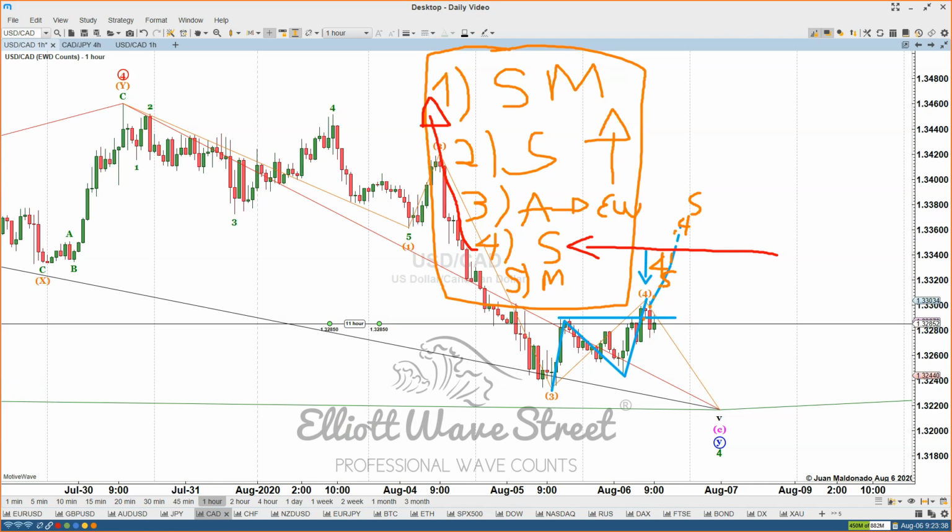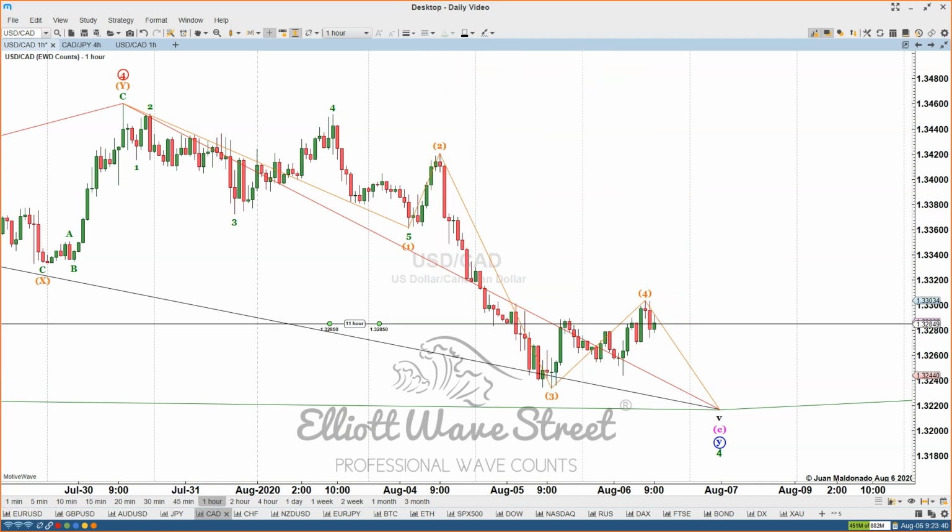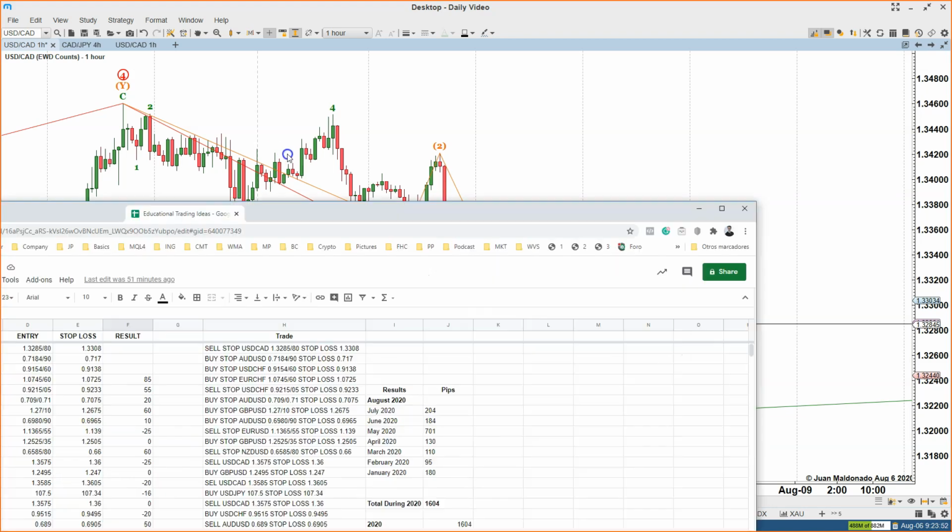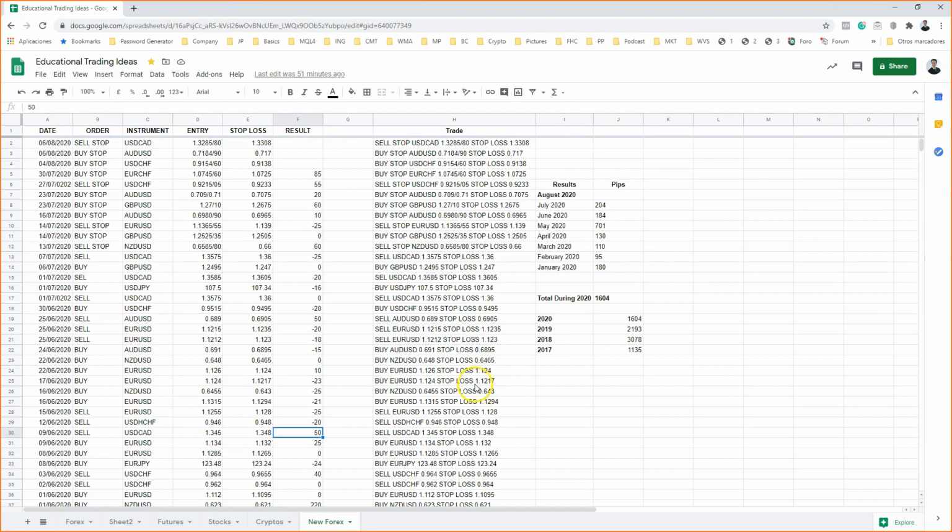But I like to show also my trades that didn't work. Of course, I feel proud of the ones that worked, but also I like to show and to teach the ones that didn't work. So let me share with you my trading record.